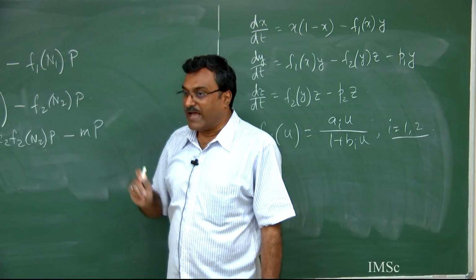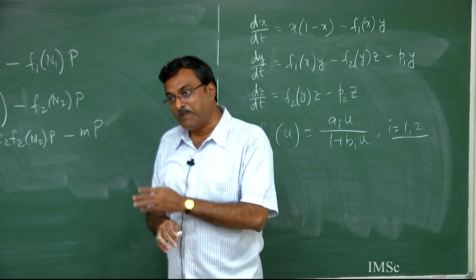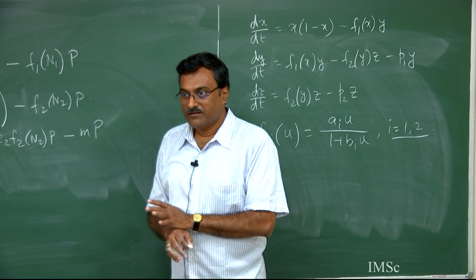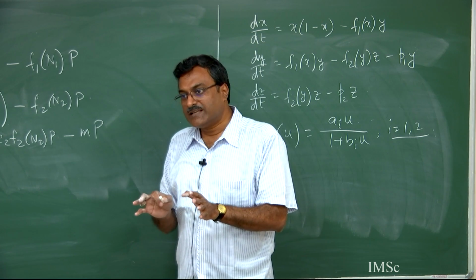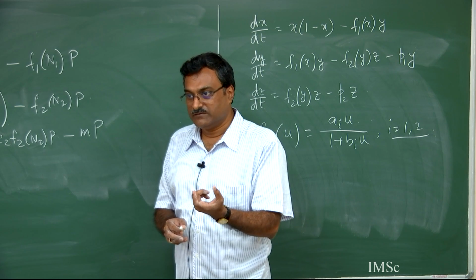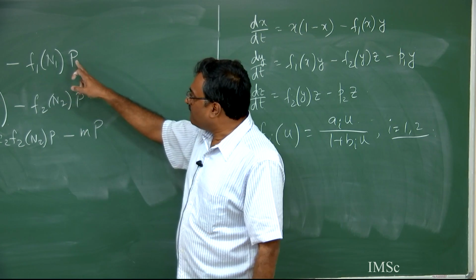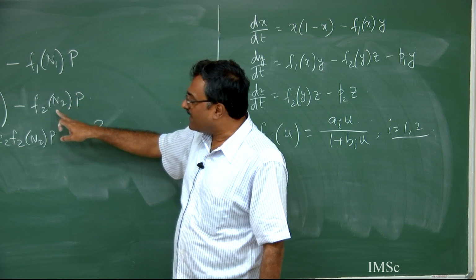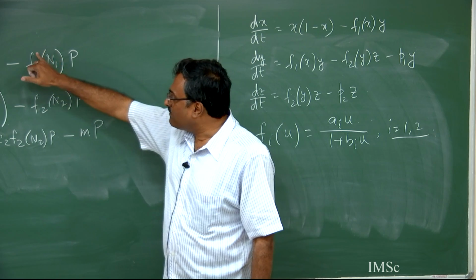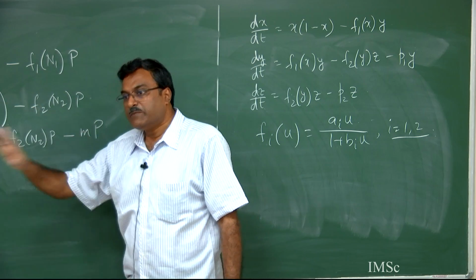But apart from that, you can think about one more modification. From a mathematical point of view, we can propose several types of models. Sometimes it seems to us that this is just a mathematical model, nothing to do with the biology. But in reality, you can think that P survives on both N1 and N2, then why are we not thinking about the situation that the grazing pattern of N1 by P is influenced by the presence of N2?